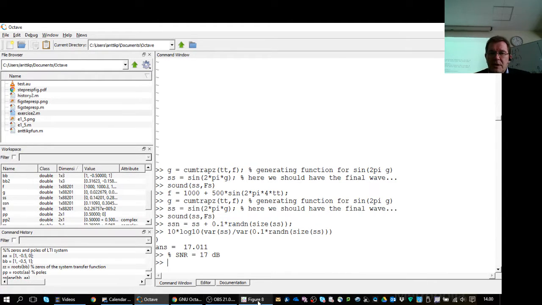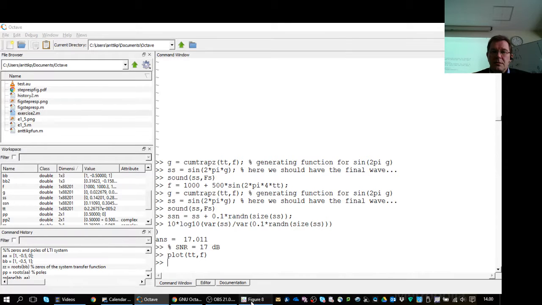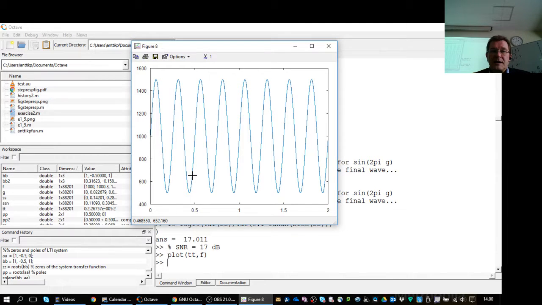Let's take a quick look. Okay, let me plot that one again. And let's try to analyze, say, data points from here to there.